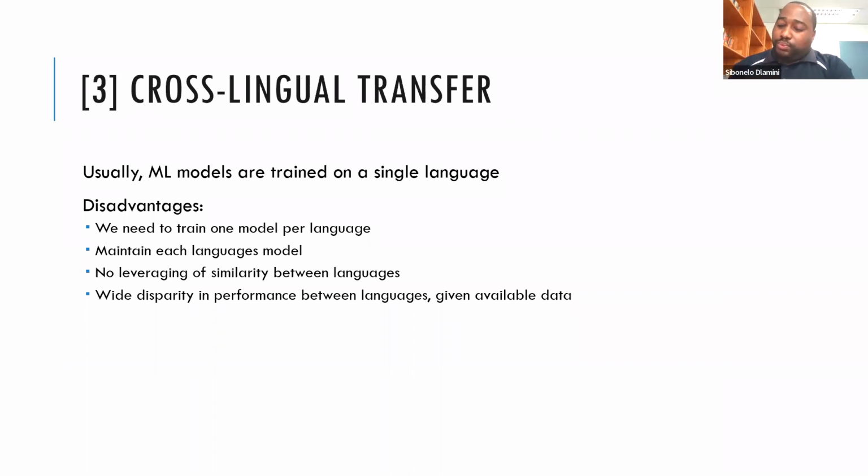Then you have very poorly resourced languages, like isiZulu, isiXhosa, etc. And if you are training one machine learning model per language, you will necessarily have these excellent models for English, but for your low resource languages, you'll have horrible, terrible models. So these are some of the disadvantages of this one model per language approach.